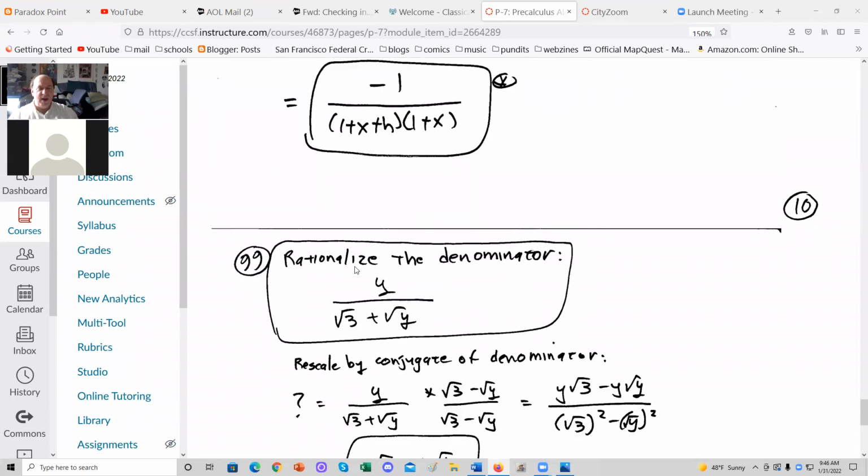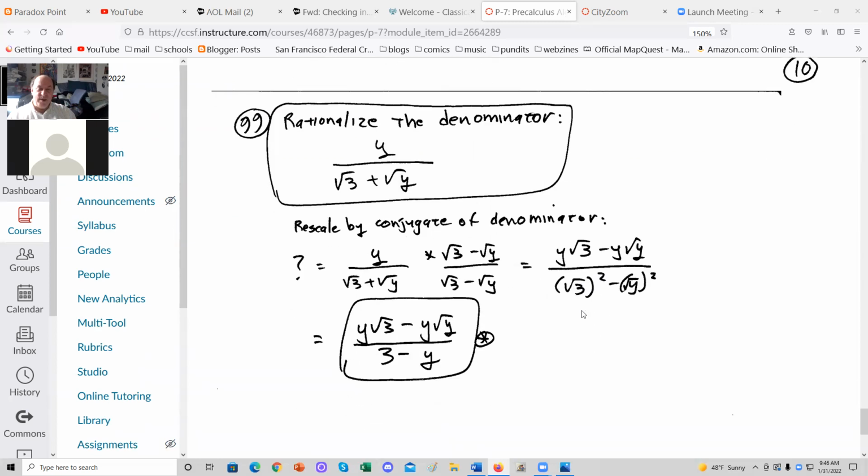Now, here we have an expression with square roots in the denominator. That's annoying. So what we do is something called rationalizing the denominator, the idea being to move the square roots from the denominator to the numerator. Square roots are annoying enough, but having to divide by them, oh, avoid it if you can. Well, that's the idea anyhow.